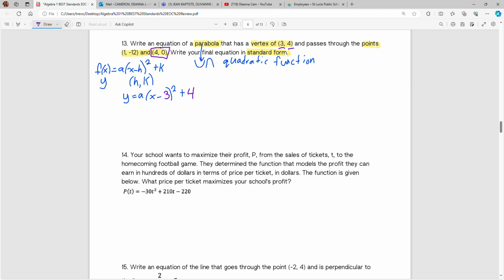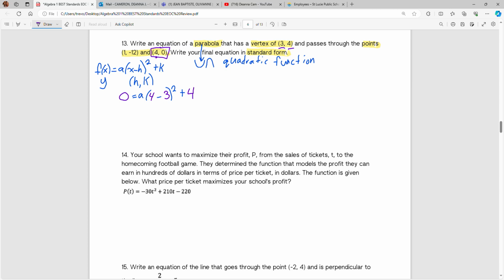So I'm going to erase the x, and I'm going to write in my x value from my ordered pair. And now I'll erase the y and write in my y value from my ordered pair.